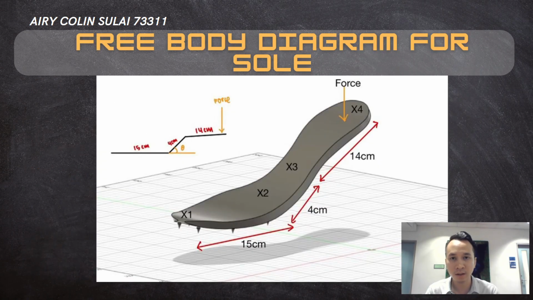As you can see, this is the free body diagram for the sole, and the sole is from x1 to x2. The length is 15 centimeter, and then from point x2 to x3, the length is 4 centimeter, and the last section is from point x3 to x4, which is equal to 14 centimeter.